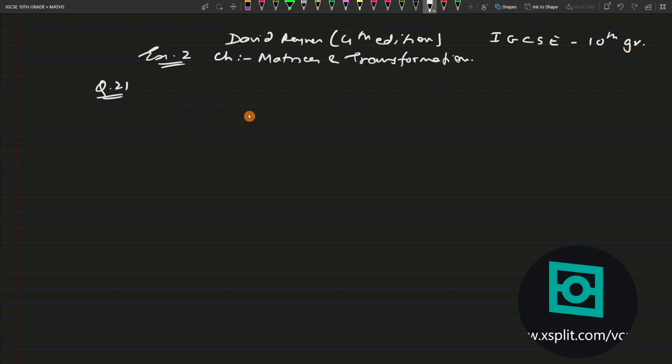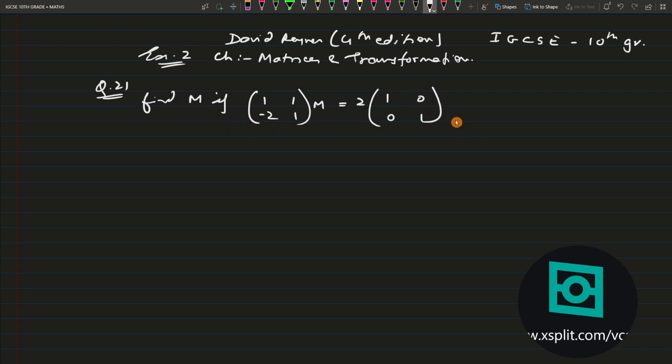Question number 21 says: find M if the matrix 1 1, minus 2 1, times M is equal to 2 1 0 0 1.